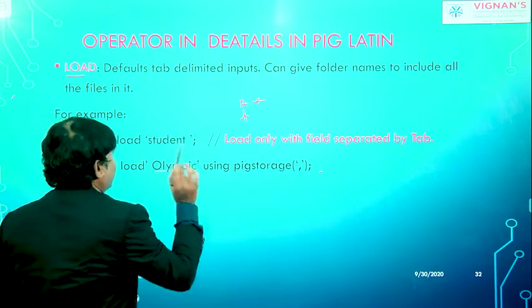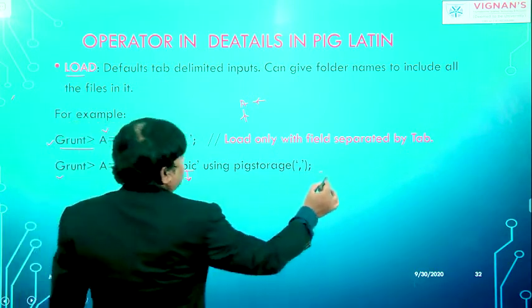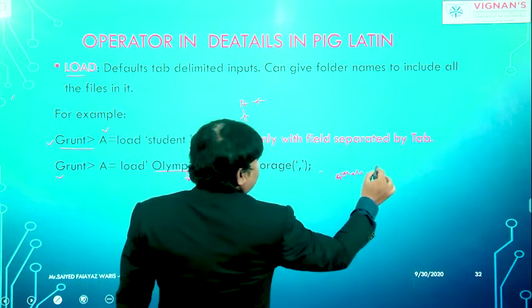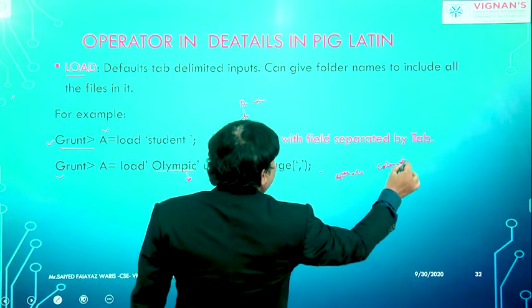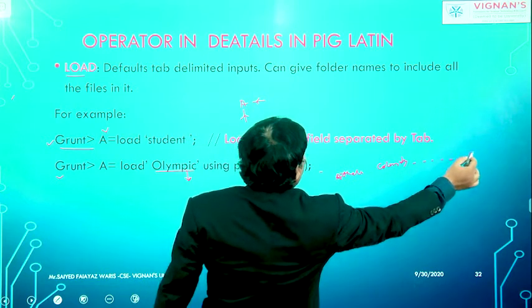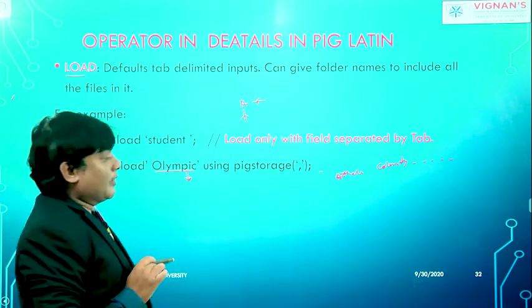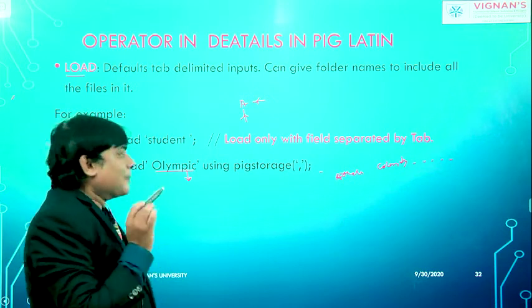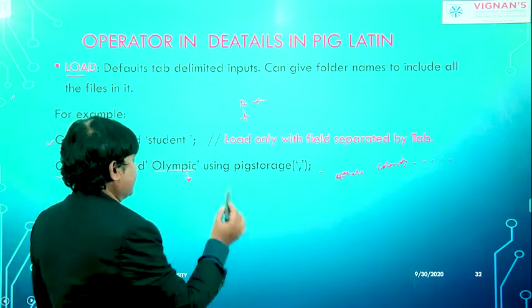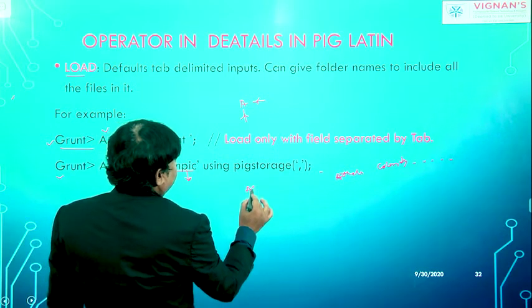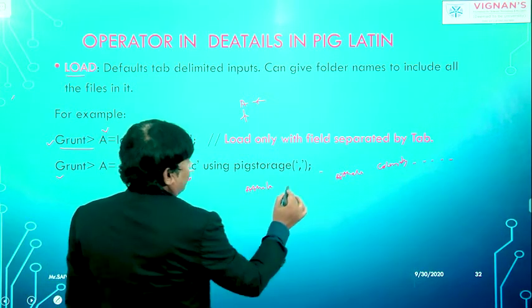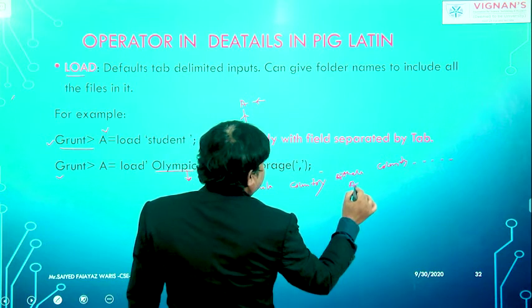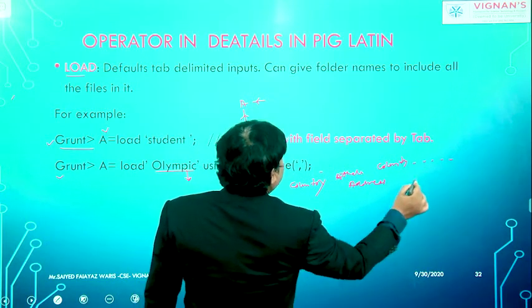We have data in this Olympic file, let me say the name of the athlete and the country, meaning which country this athlete belongs to. Like this, we may have n number of fields. But the fields present inside this Olympic file are separated by commas. It means if I write the name of the athlete, the name of the country, the address of the athlete, like this I am writing many fields.